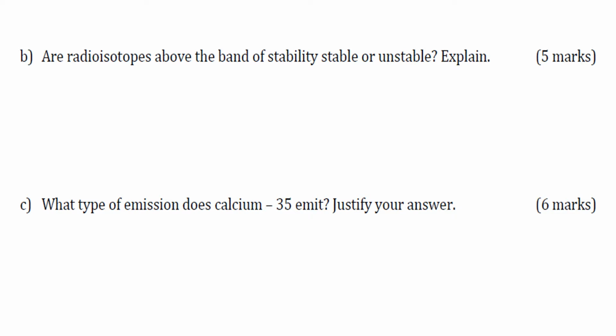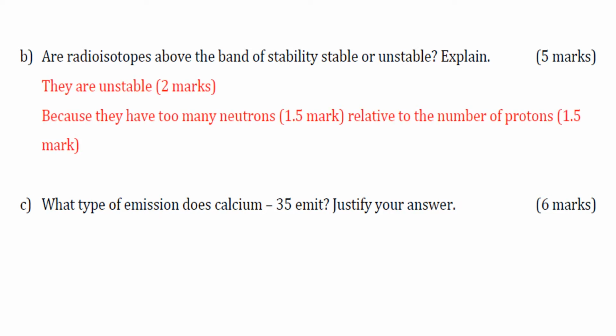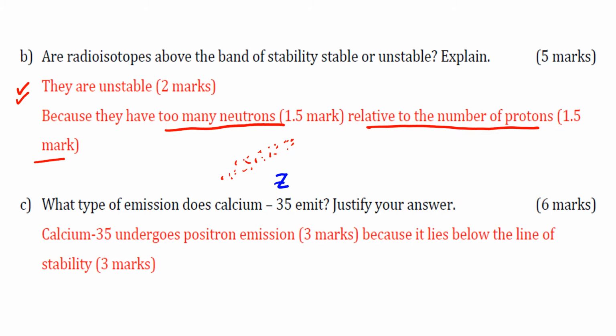Are radioisotopes above the band of stability stable or unstable? Explain. They are unstable, and this is because they have too many neutrons relative to the number of protons. Also, if this is the band of stability, any nuclei that can be found below the band of stability, for example in this region here, are also unstable, due to the fact that they will undergo positron emission.